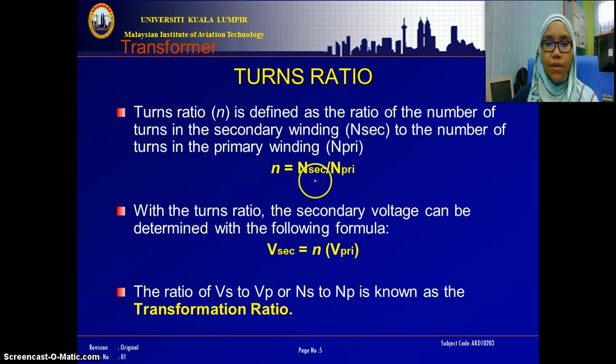This will define the output voltage of the transformer, meaning that we can find the output voltage of the transformer by using the turns ratio. This is the relationship between the input and output voltage with the turns ratio: secondary voltage is equal to turns ratio times primary voltage. So from here you can find the output voltage.